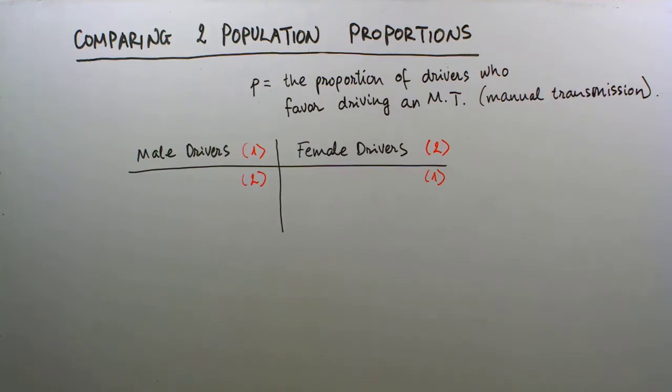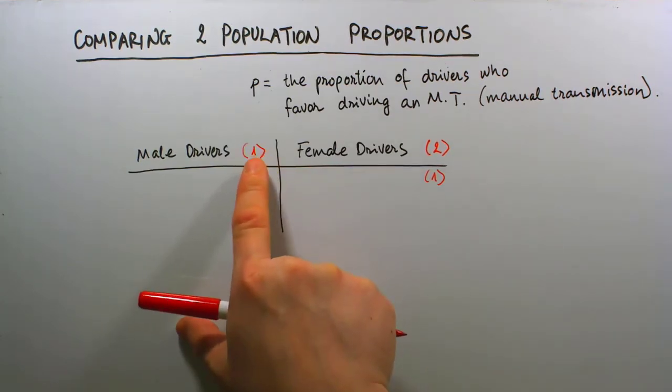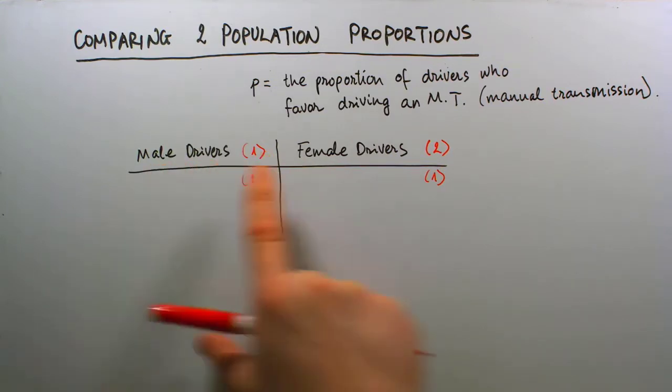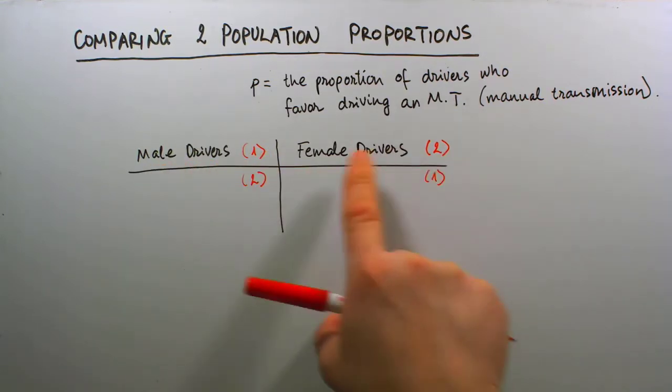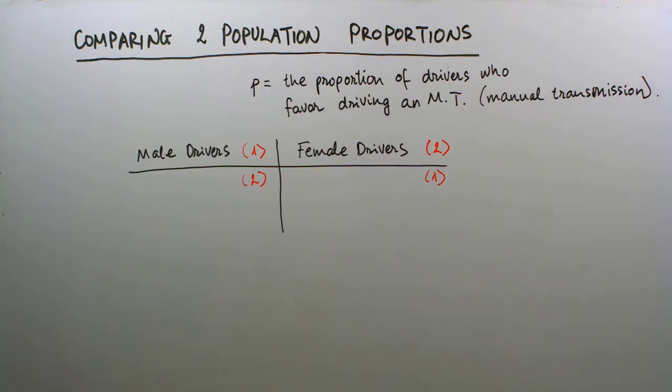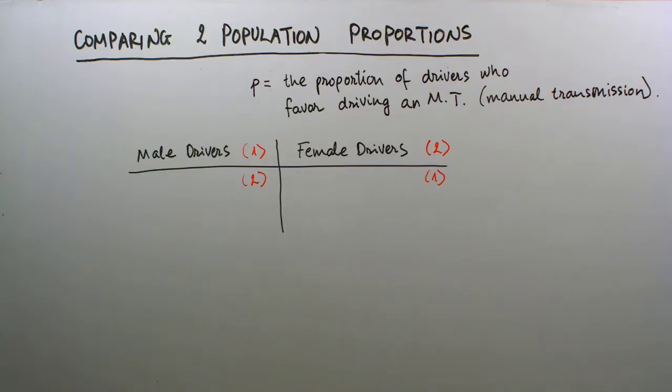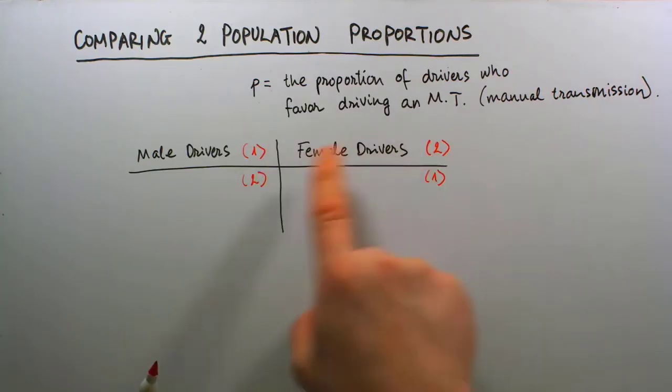But the reason I chose this initial choice, population label 1 for male drivers and population label 2 for female drivers, is simply because the way it looked in my current data, the male drivers were described first. So I just took that order and defined the two numerical labels in that order.